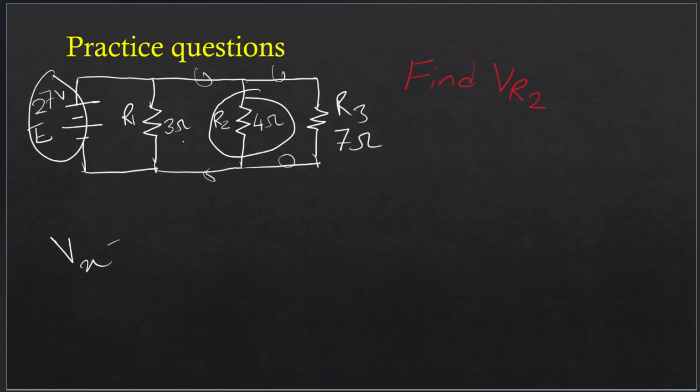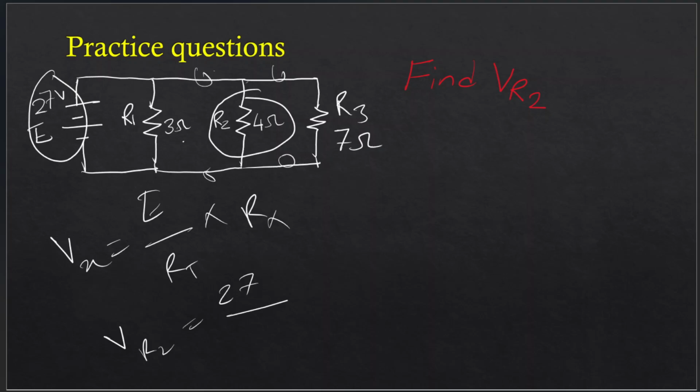So Vx is equal to E over RT times Rx. Now let's put the values. VR2 is equal to, what's E? E is 27 volts over RT. Now see, RT, we cannot consider the total resistance of all the resistors here.